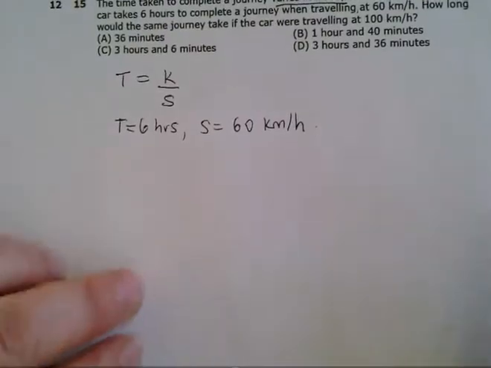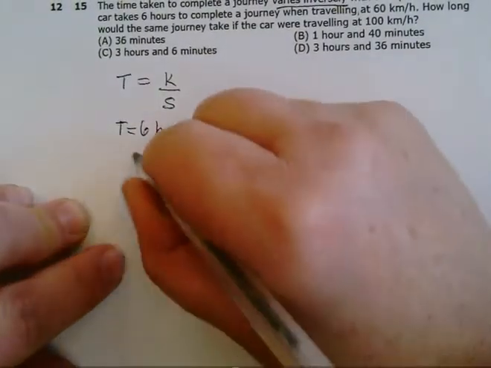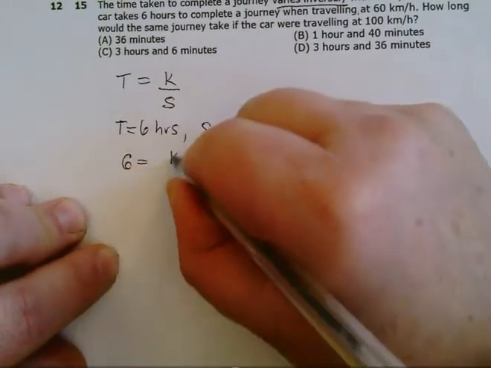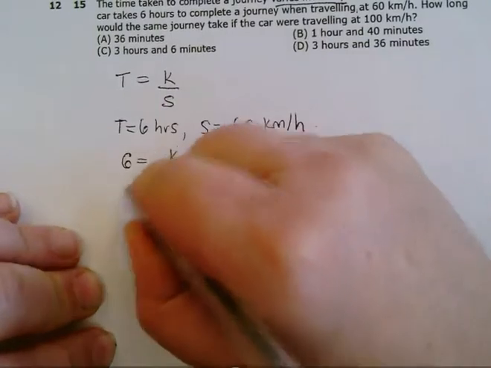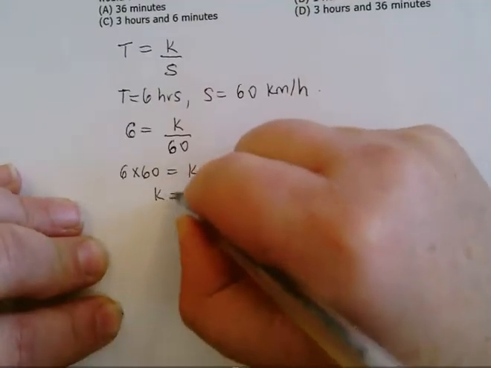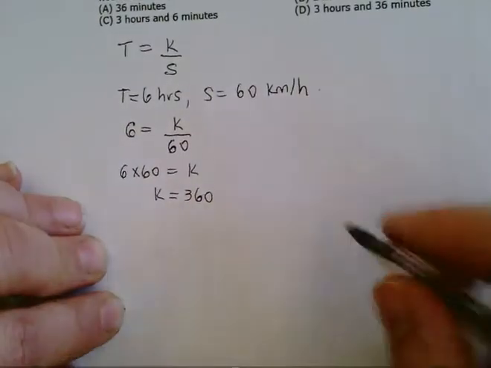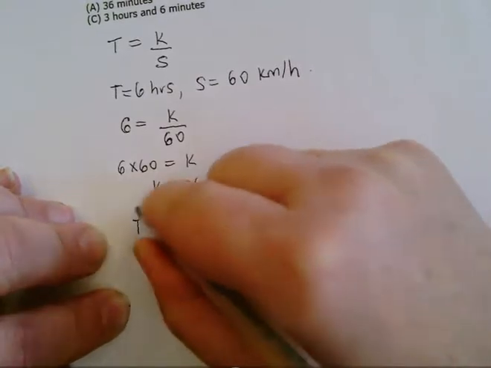So we substitute T is 6 and S is 60 to find the value of K. So 6 equals K over 60, therefore 6 times 60 is K. In other words, K is 360. So our formula is T equals 360 over S.